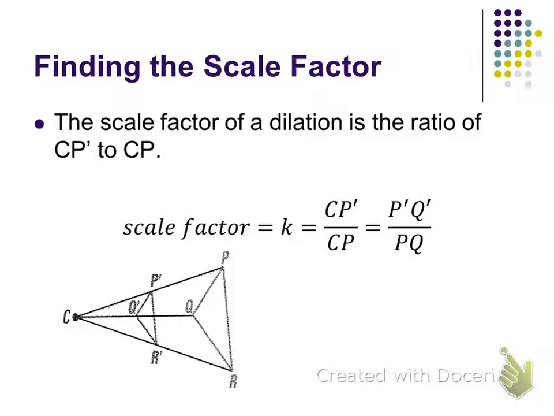The scale factor of a dilation is the ratio of CP prime to CP. What this means is the distance between the center and a new point compared to the distance between the center and an old point.